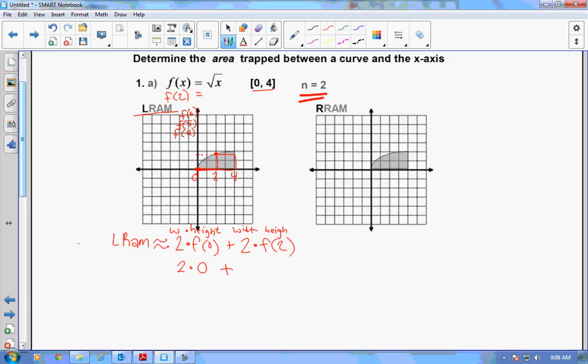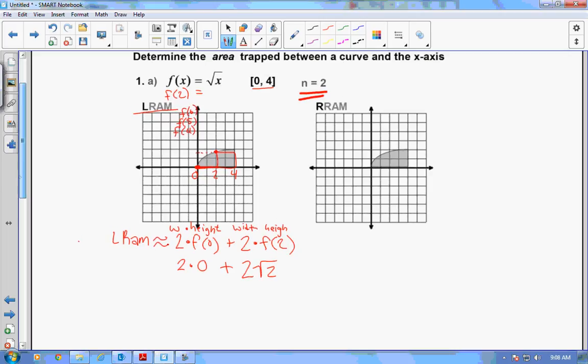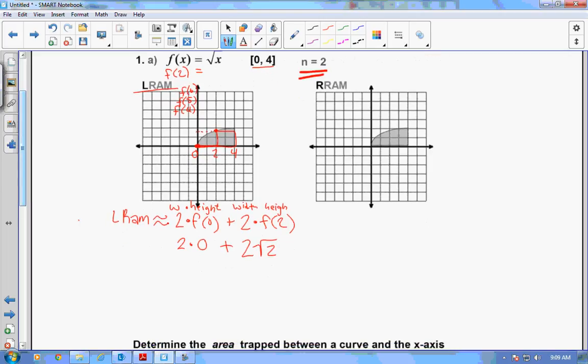If we plug in 2 into square root x, we get just square root 2. Square root 2. Okay, so our LRAM, our left approximation is approximately, since that's a 0, 2 root 2. And this is area, so let's put units squared.